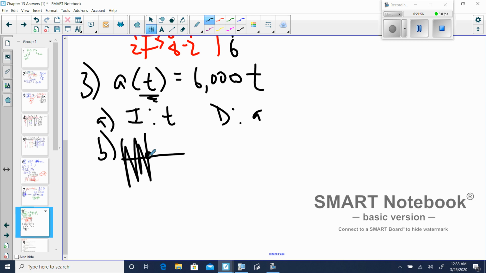You can start off with 0, right? After 0 minutes, you're not putting any kind of air into this hot air balloon, but you're not going to be putting negative air into it. So domain and range are both going to need to be greater than or equal to 0. That's what makes sense.